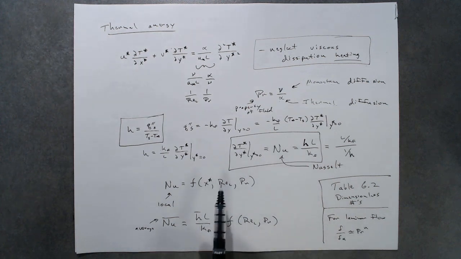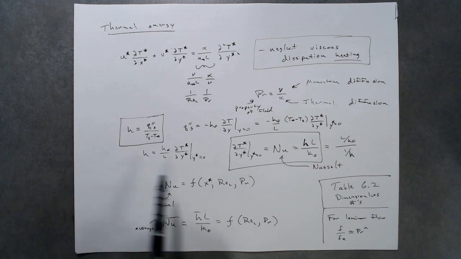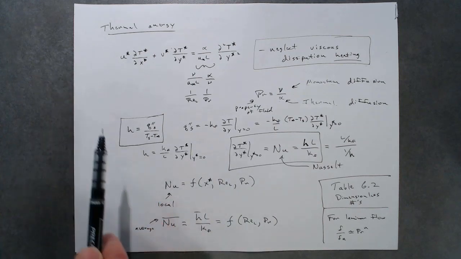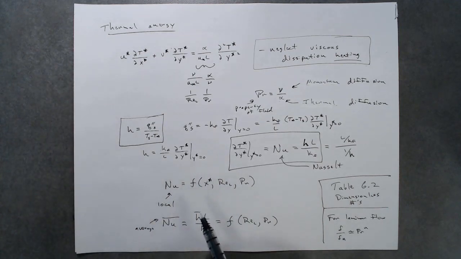Now, one last important thing to note for this solution for the Nusselt number, or the non-dimensionalized heat transfer coefficient, is we can solve for this gradient at any point in the flow that we're interested in. So we express it specifically at the surface. By definition, we're looking at the surface. And so we consider the x position along the surface.